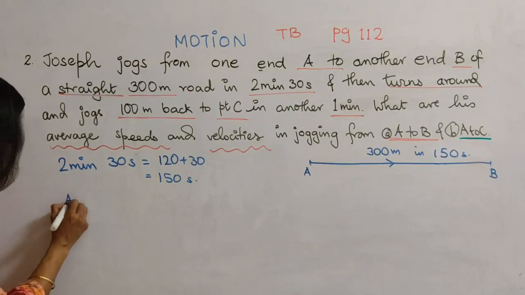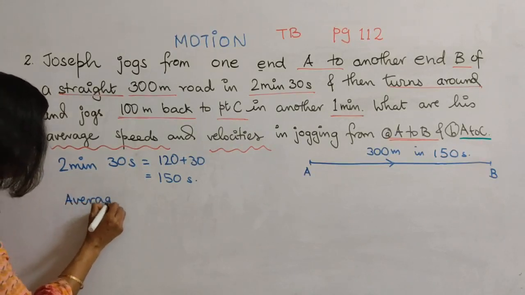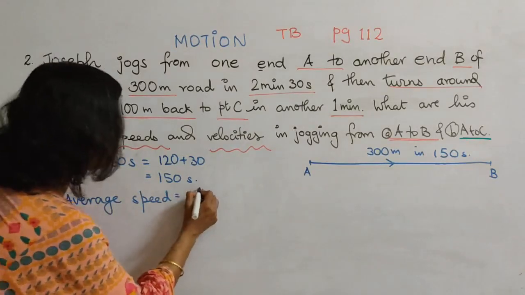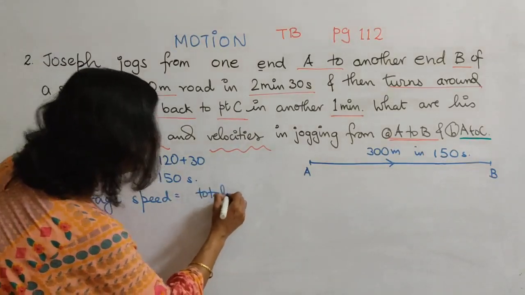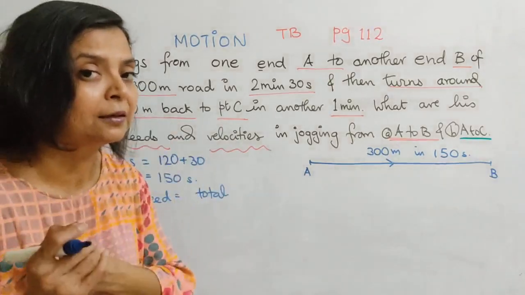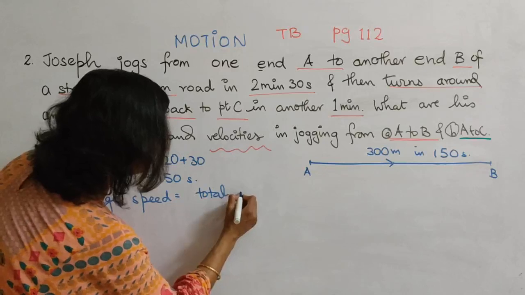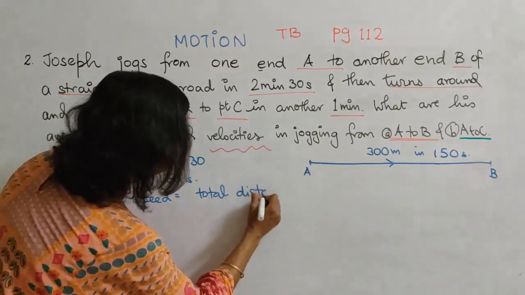Well, so let us discuss the average speed. Now, if you remember the formula, average speed would be total distance upon total time. If you do not remember, you may rewind a little bit, we did it a few moments ago.